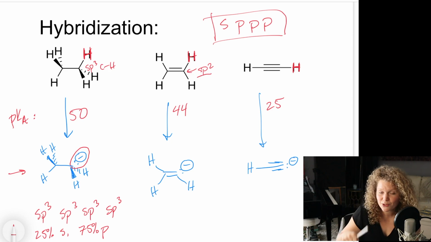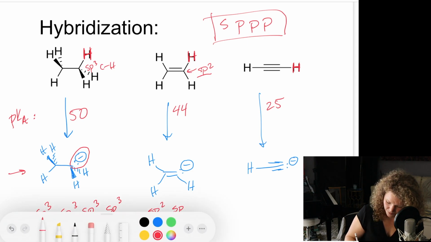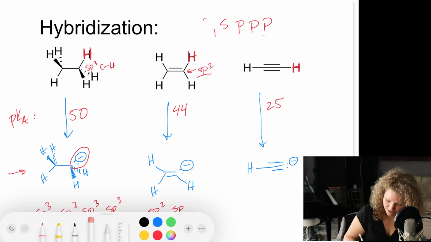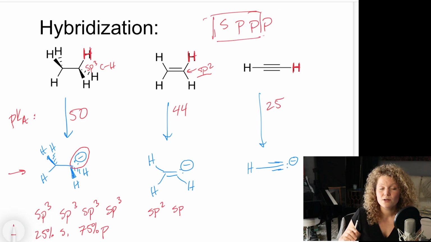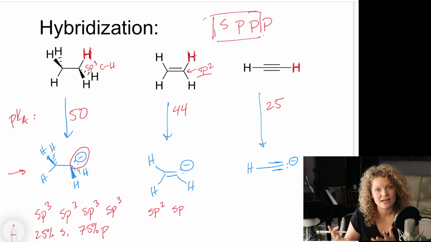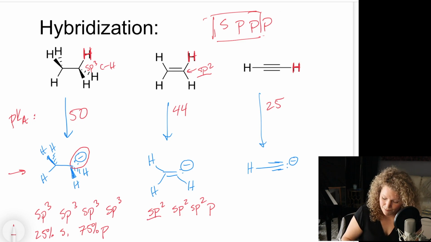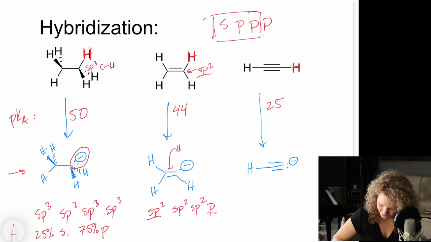We have an sp2 hybridized carbon for ethylene. When we mix for an sp2 hybridized orbital, remember that we are mixing an S, a P, and a P. We have an empty P orbital. So we have an sp2, sp2, and a P. Remember that the P orbital is being used for the double bond, right?